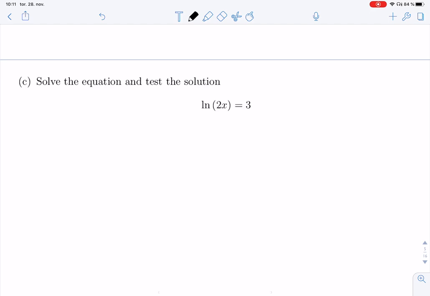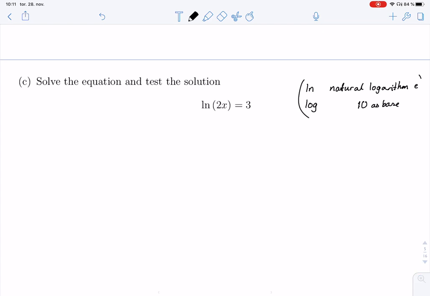Okay, now we have a logarithm to 2x. So ln, that's a natural logarithm, and with e as a base. If we use log, we have 10 as base.